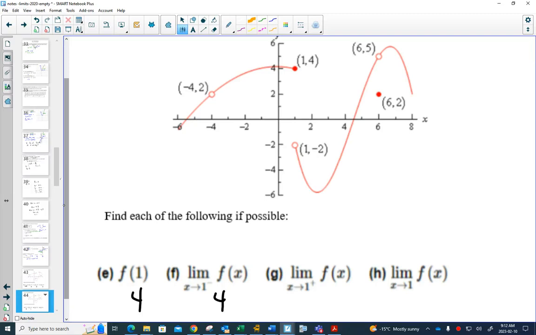If we go to 1 from the right side, we would be on this other piece of the graph, and we'd be getting close to -2. And we would say the limit does not exist, because from the left and the right, they're different.